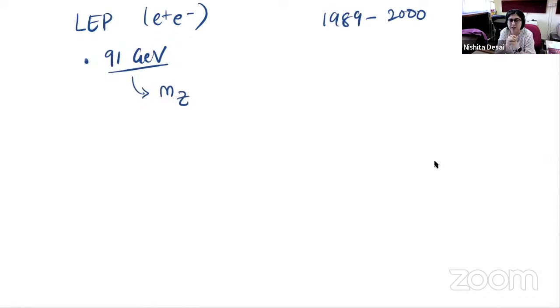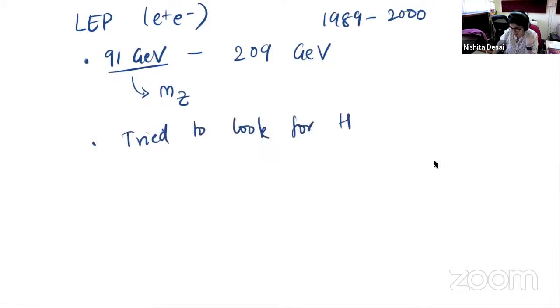It was originally envisioned as an experiment to make precision measurements by producing Z bosons on shell. Then it was extended to run at a higher energy of 209 GeV, where they tried to look for the Higgs boson. However, they were only sensitive up to about 114 GeV.